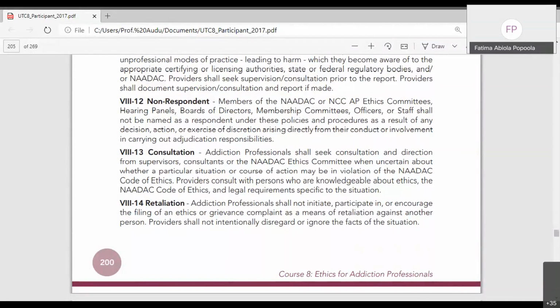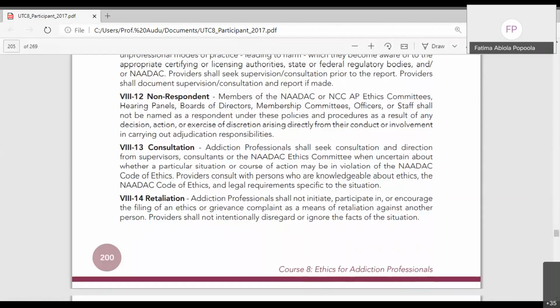Retaliation. Addiction professionals shall not initiate, participate in, or encourage the filing of an ethics grievance complaint as a means of retaliation against another person. Providers shall not intentionally disregard or ignore the facts of the situation.